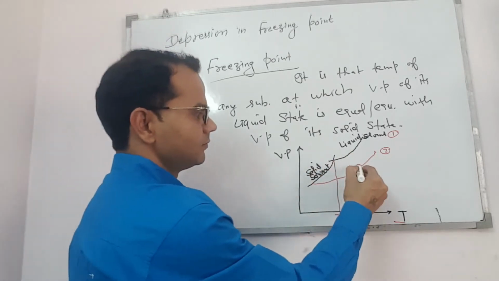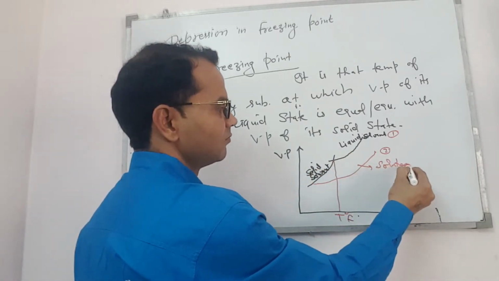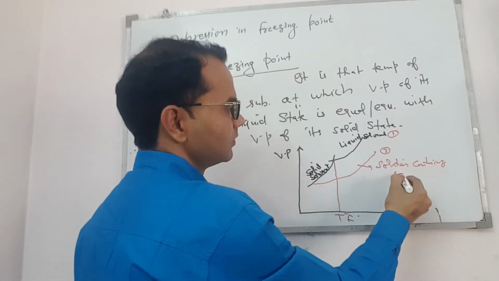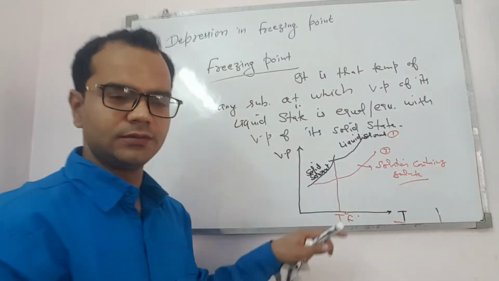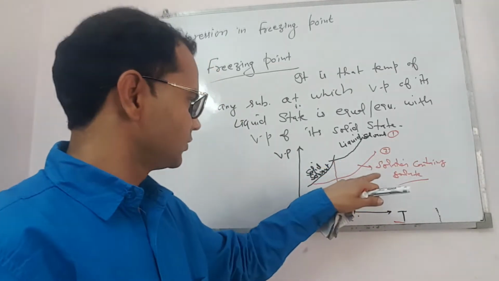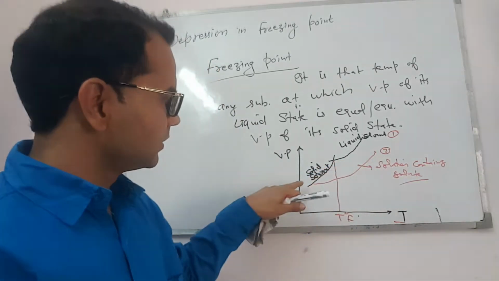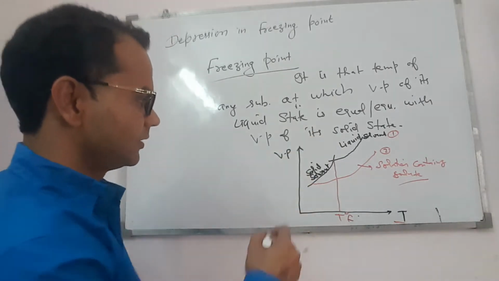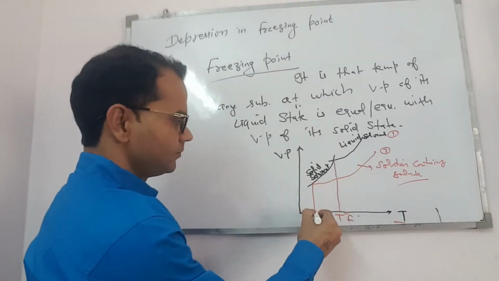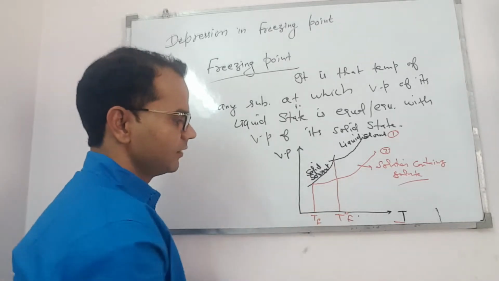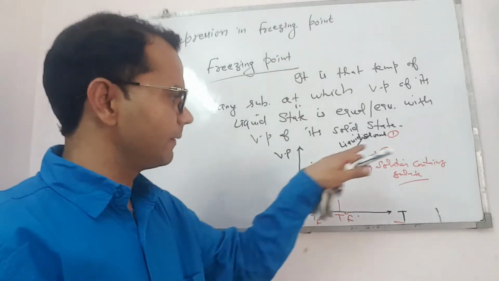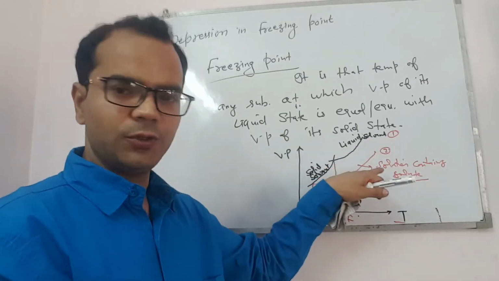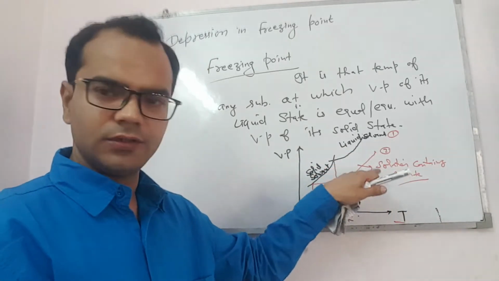This is the solution containing solute, and this curve cuts the pure solvent curve at this point. This point is TF. TF represents the freezing point of a solution containing non-volatile solute.